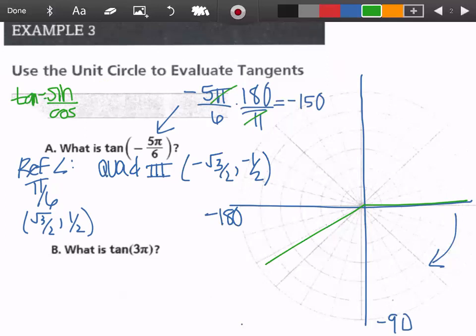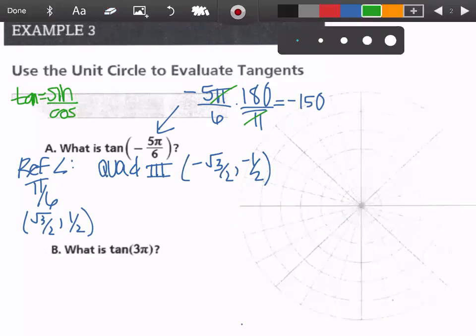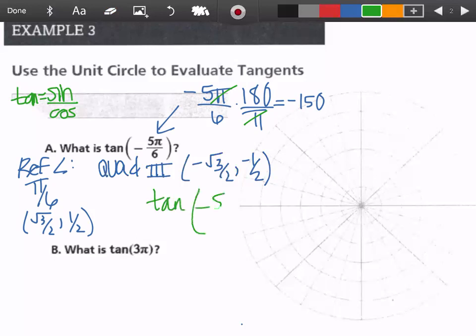So knowing that tangent is equal to sine over cosine, we are going to have to take the y value and put it on top of the x value. It is equal to negative 1/2 over negative root 3 over 2. Because remember, the x value is cosine, the y value is sine.